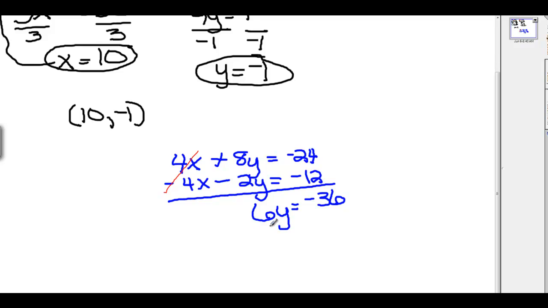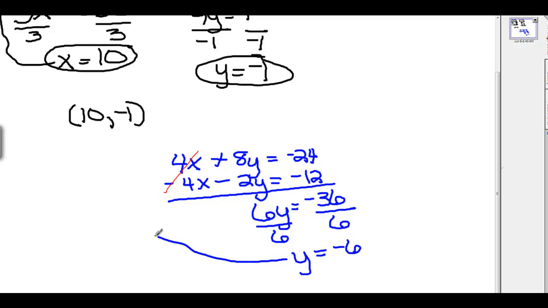I'm now into an equation with only one variable. I cannot solve an equation with two variables and get a single number, so I have to eliminate one of the variables. I divide both sides by 6, and y equals -6. 6 goes into 36 6 times. A negative divided by a positive is a negative.